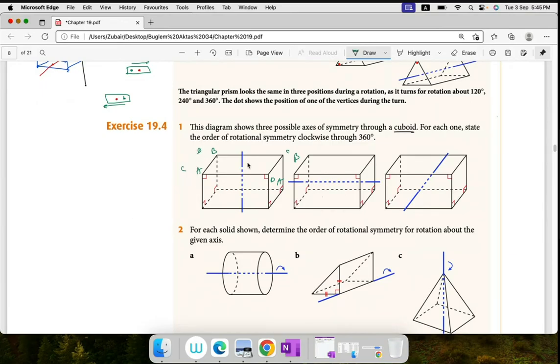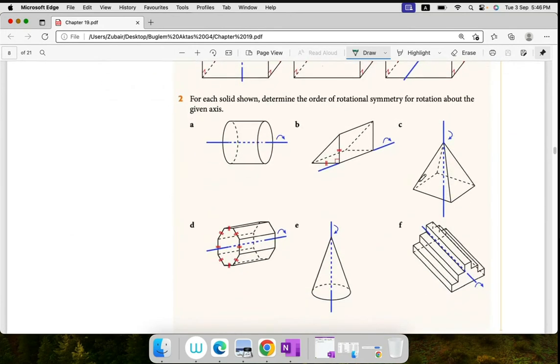This is 180. Then I rotate again 180, it will come back to its original position. So there are only two positions where it could be rotated. It cannot be rotated at four different positions because it is a rectangle. Second again is two different rotations. Third again is two different rotations, 180, 180.